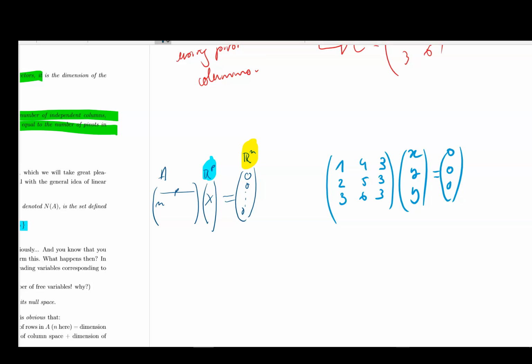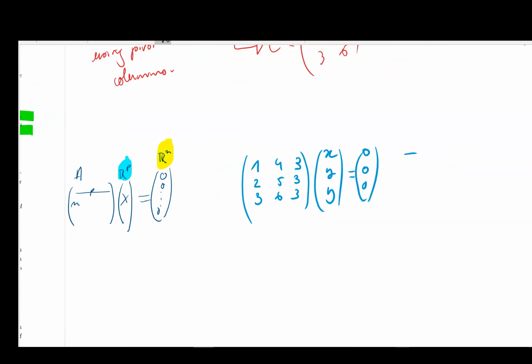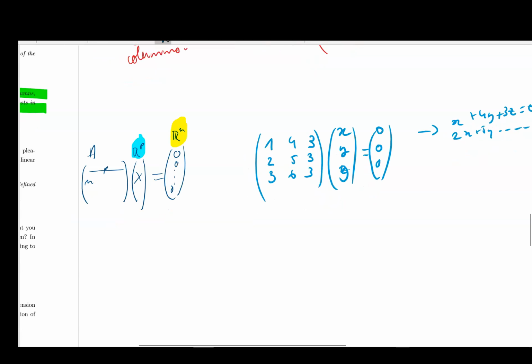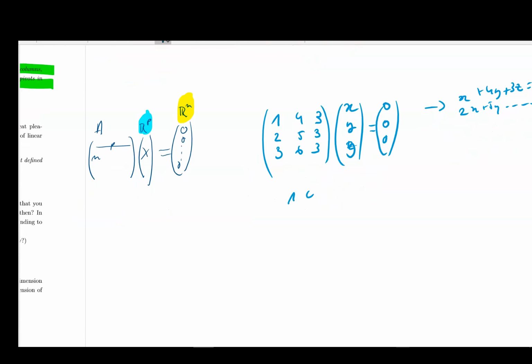And what are you doing to solve this equation? Well, you have several ways to do that. Either you work with the 3 lines, well, we've already talked about that. So either you work with a system like x plus 4y plus 3z is equal to 0 and 2x plus 5y, etc. Or you work on the augmented system.